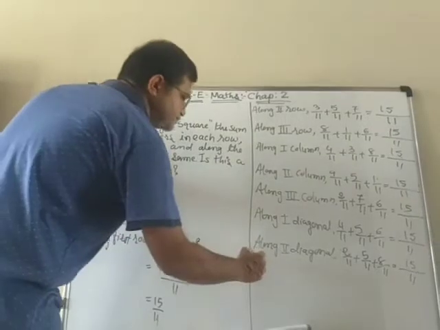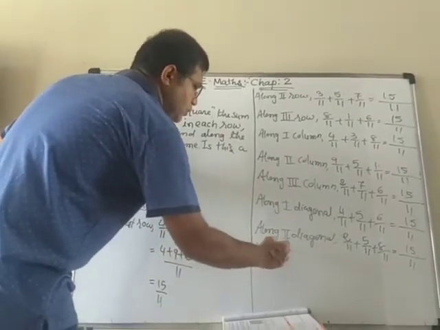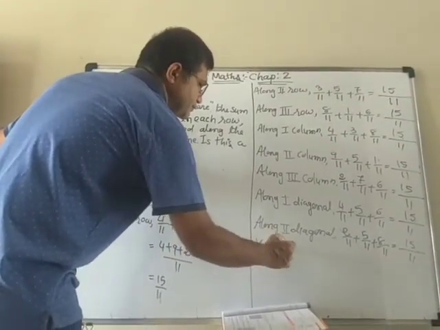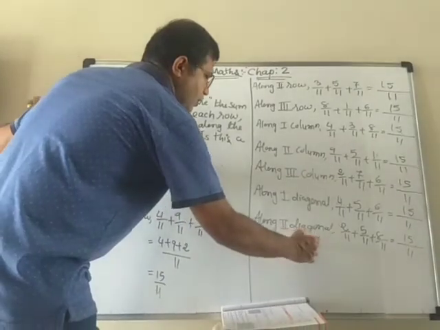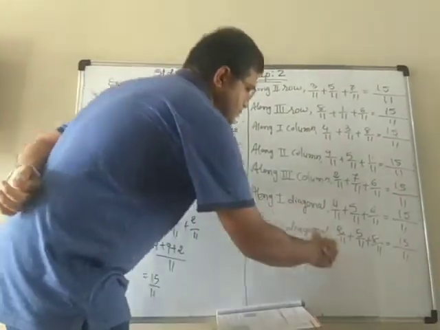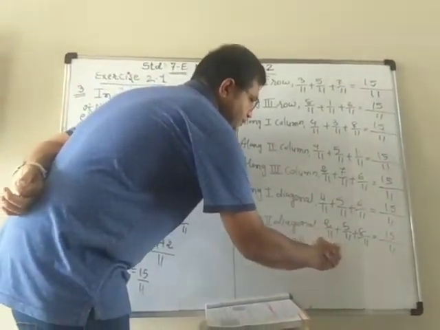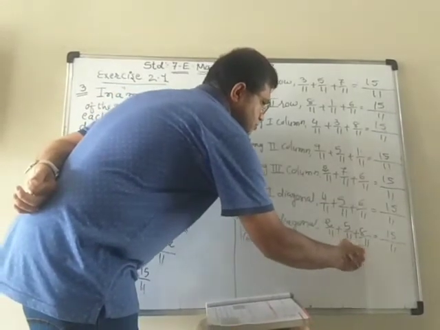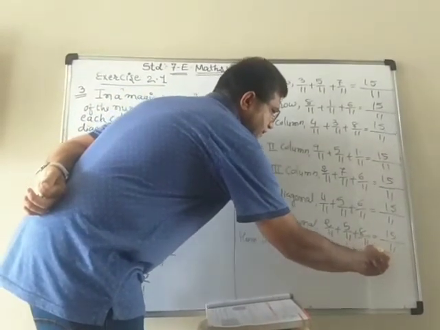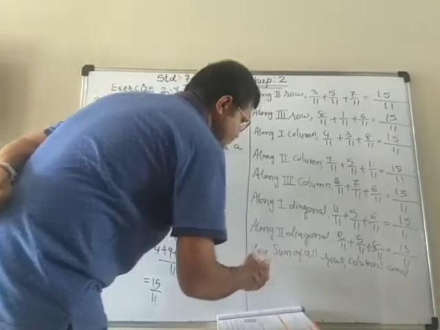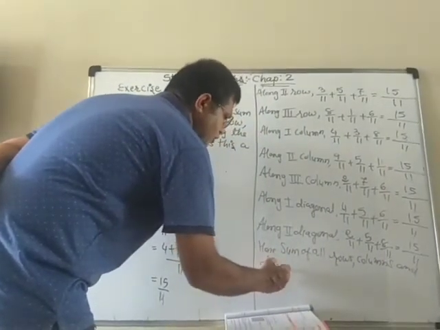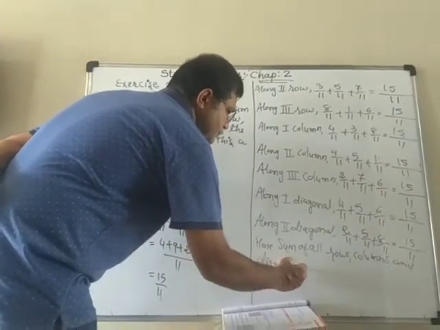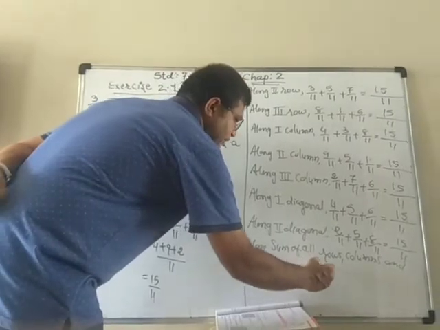So here the sum of all rows, columns and diagonals are equal.